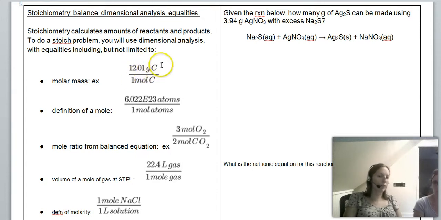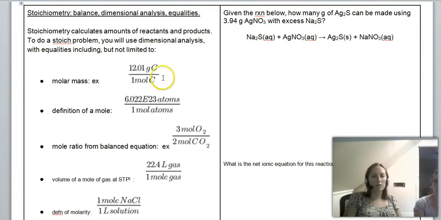It ends up being a fraction where the bottom unit is canceled by the previous top unit, and the top unit cancels the next bottom unit. So when you're doing these problems, you go back and check and go cancel, cancel, cancel, cancel, cancel, cancel to make sure that your units cancel.